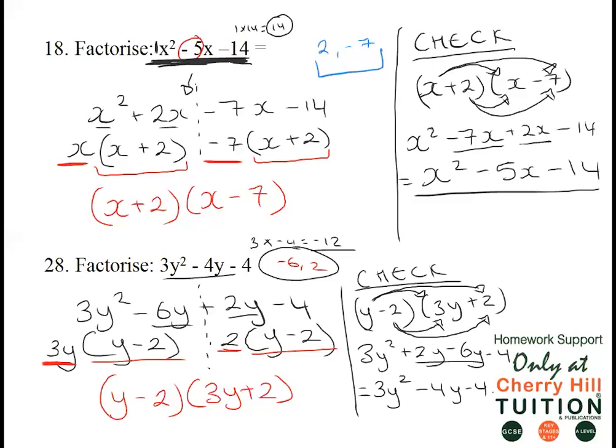Okay? And as you can see, this matches our equation above, so our answer is correct. Okay? Now try this question on your own and see if you get the same answer.